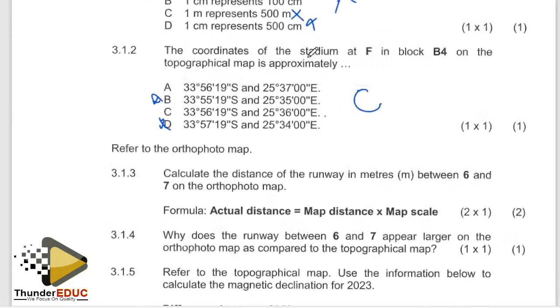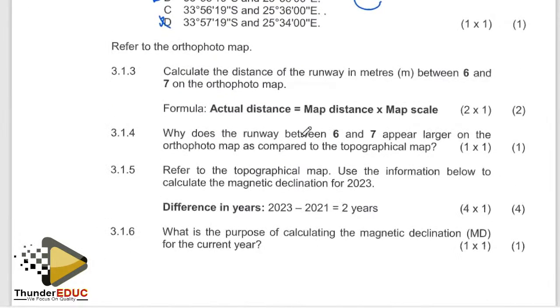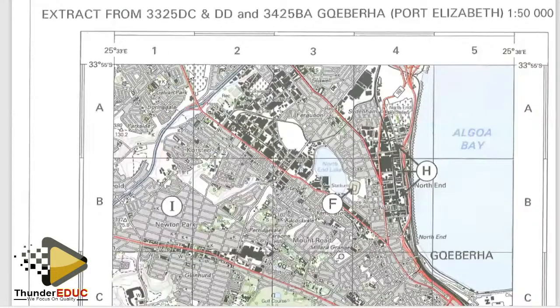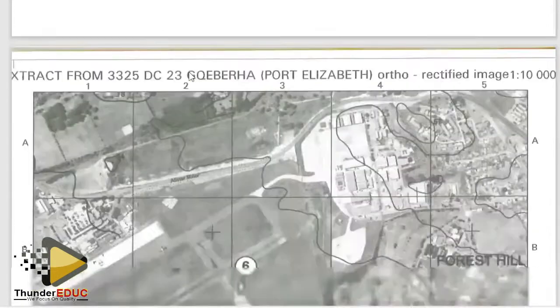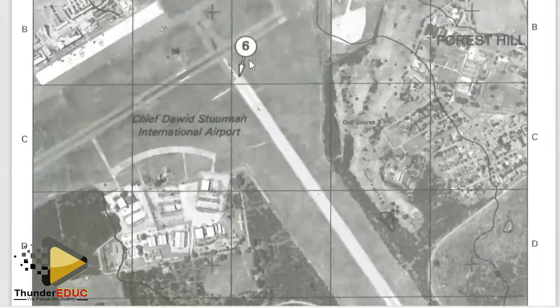All right. So that is 3.12. 3.13 is: calculate the distance of the runway in meters between 6 and 7. So what do we do? We come to the area where 6 and 7 is. 7 is here and 6 is here.